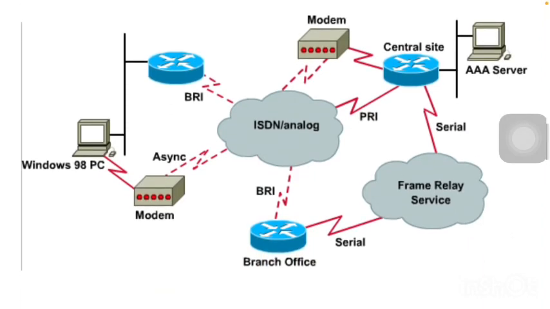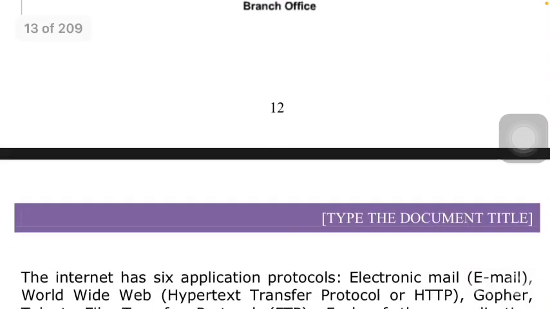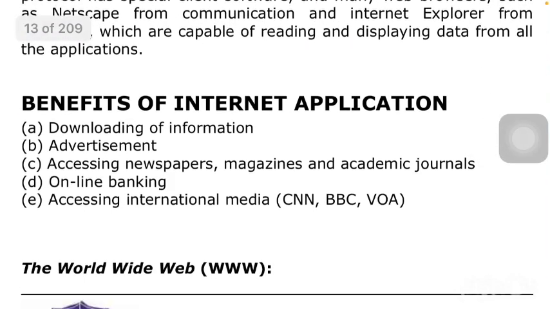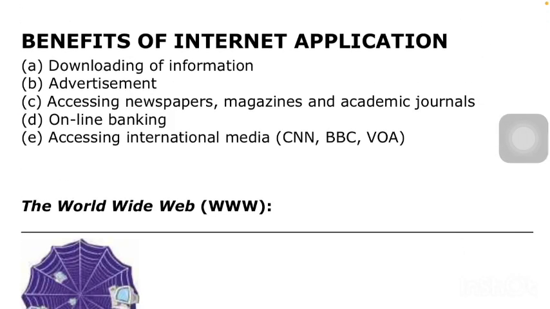This is the connection example of a network, where you have a modem connected, servers connected, branches connected, and all that. Benefits of the internet: you can download information, advertise, and access newspapers, magazines, and academic journals like this one.